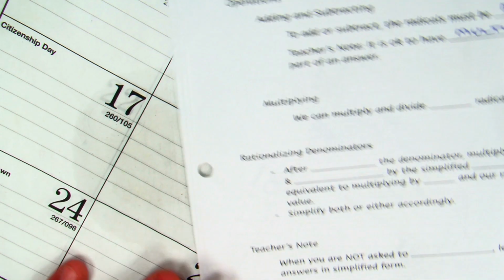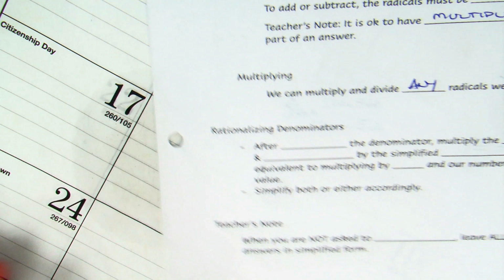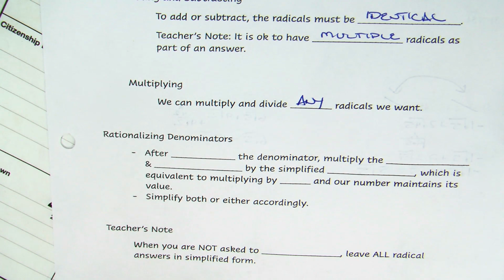Okay? Multiplying. We can multiply and divide any radicals we want. So those do not need to be like radicals for us to do it.